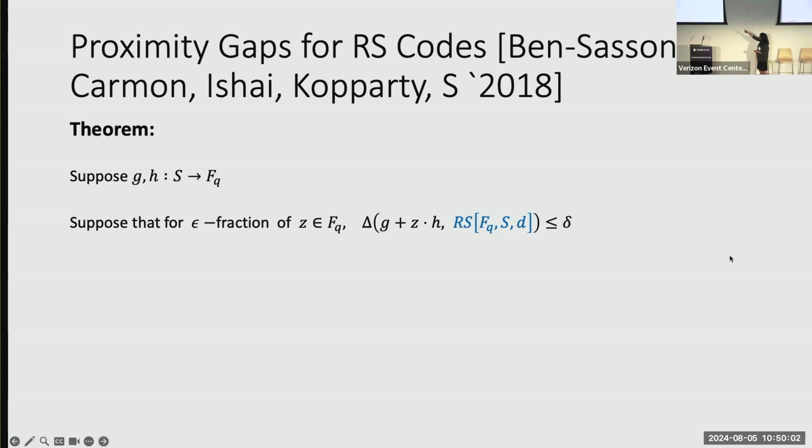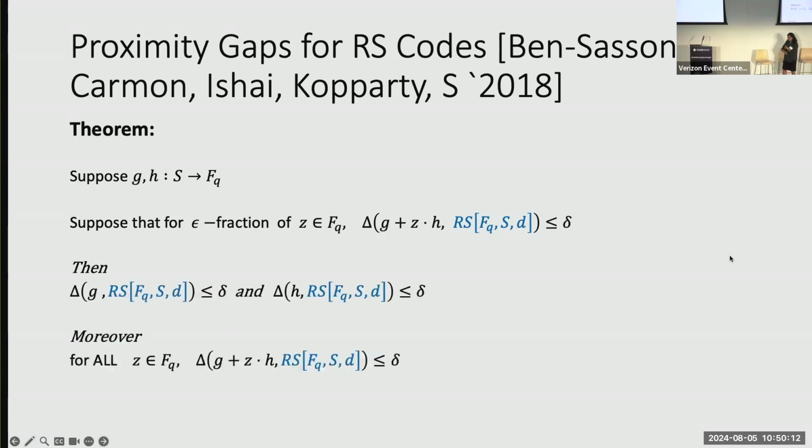So that's exactly what I'm saying here: the distance of G plus ZH to a Reed-Solomon codeword is at most delta. Then it must hold that all points on the line lie within balls of radius delta. So for all Z in F_q, that point is close to a Reed-Solomon codeword. And in particular, even G and H themselves must be lying within balls of radius delta.